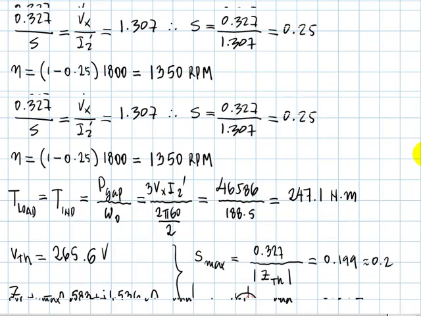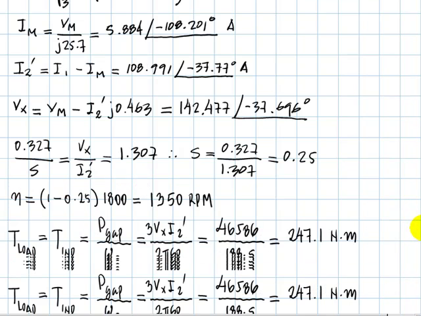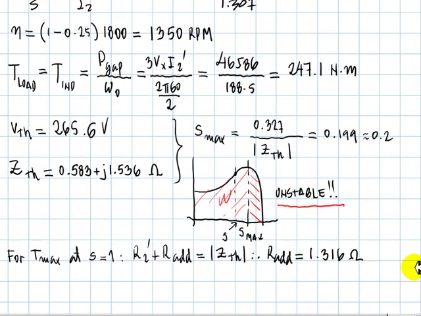The last question is how much external additional rotor resistance we need to add through the slip rings and brushes to bring the maximum torque to standstill conditions, that is, to the point where the machine is not moving anymore. If the machine is not moving anymore, the slip is 100%, 1 per unit.